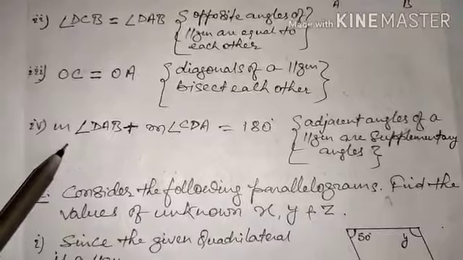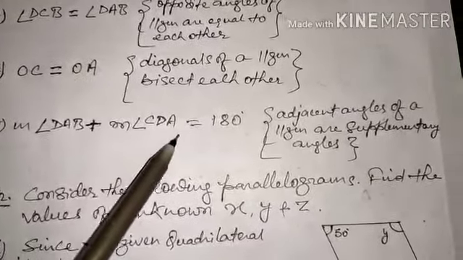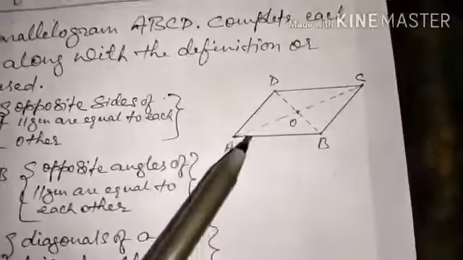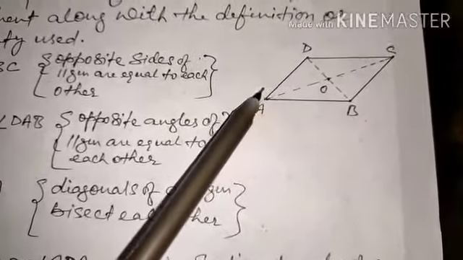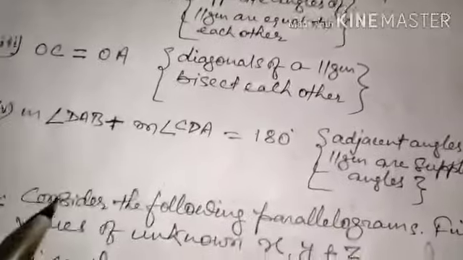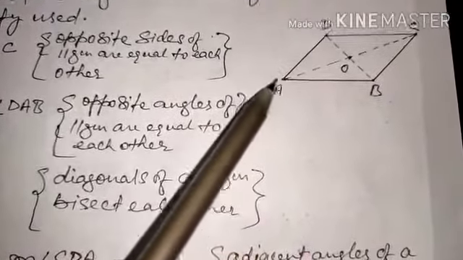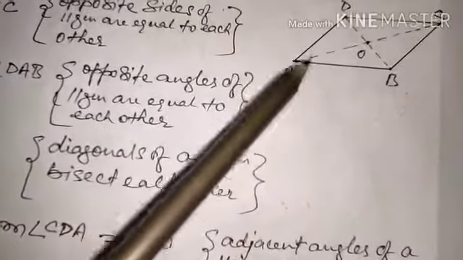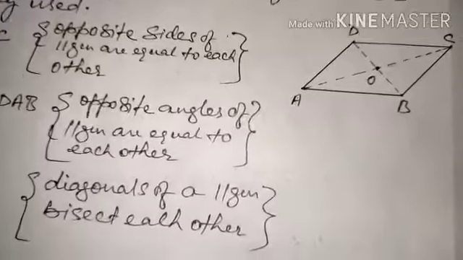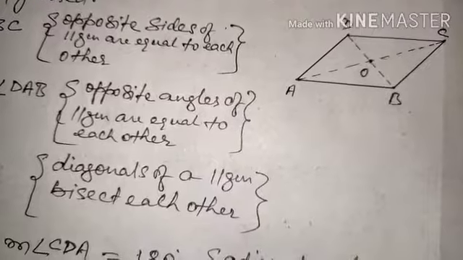Okay, now another thing. It is asking: measure of angle DAB plus measure of angle CDA equals 180 degrees. So I have written that 180 degrees. Where is DAB? This angle. And measure of angle CDA, this angle. These two angles are adjacent angles of this parallelogram, and we know from the properties of the parallelogram that adjacent angles of a parallelogram are supplementary.